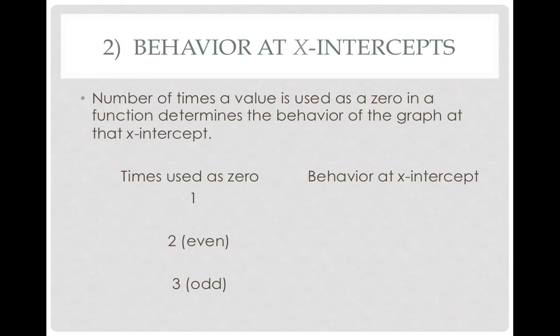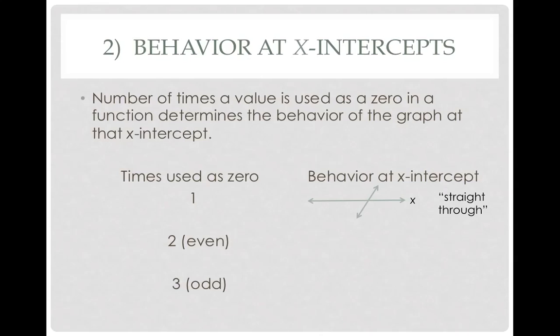So if a number is used as a zero just once, then we would expect the behavior at the x-intercept to look linear. It's a linear factor. There's no exponent on it. There's no multiplicity to it other than 1. And so things should just look like a line, and our graph should just go straight through the x-axis at that particular x-intercept.